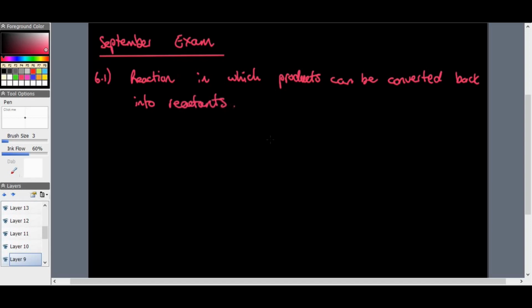I didn't write that word the best there, so let me fix it up. Reactants, that is with an A. Yes, there we go. That was 6.1. A reaction in which products can be converted back into reactants is a reversible reaction. Let's go back to the question.